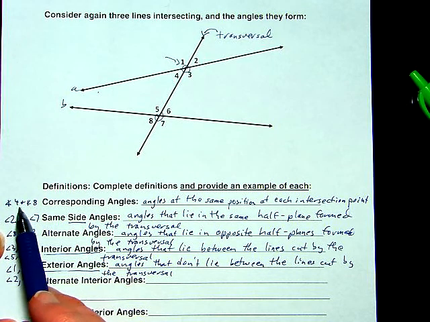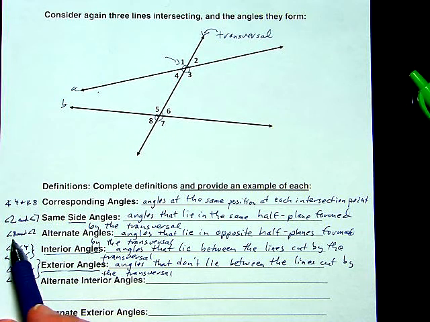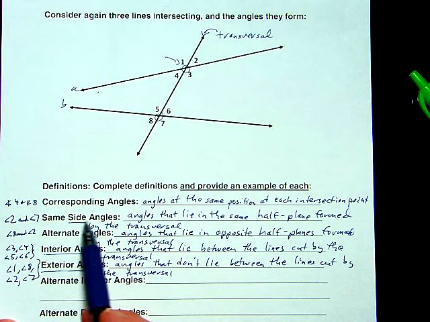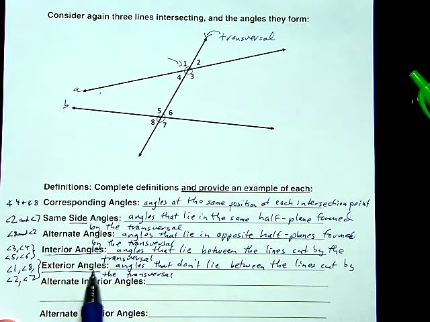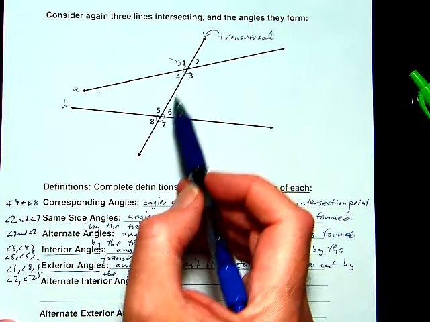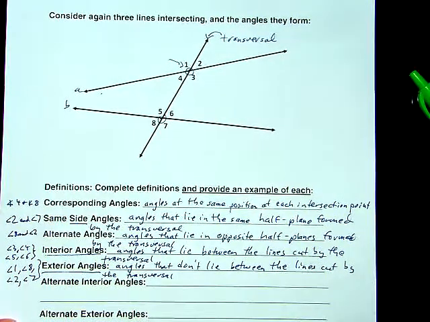Okay, so we always have to talk about a corresponding pair or an alternate pair. Same side angles could be several angles, as well as interior and exterior angles. You could just list the angles that are either between the parallel lines or outside of the parallel lines.